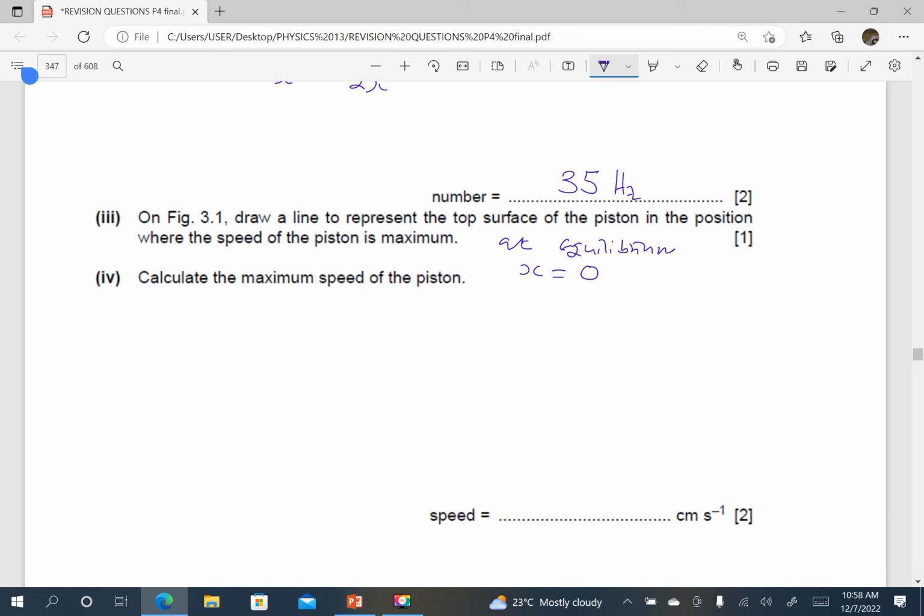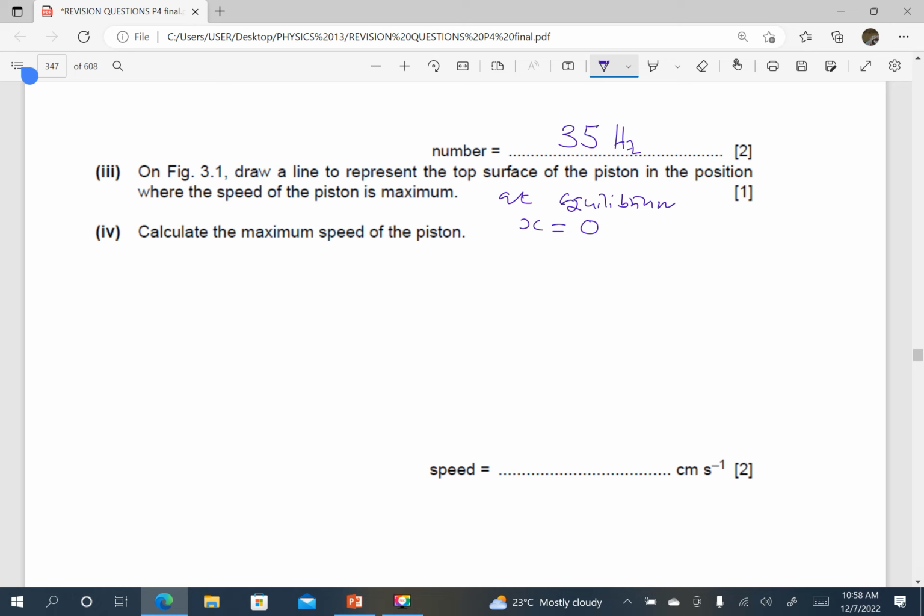Calculate the maximum speed of the piston. So remember, speed is maximum when displacement is 0, and maximum speed v is equal to omega times x naught, or maximum displacement. So this is going to be omega, which is 220. Maximum displacement from the equation is 4 centimeters.